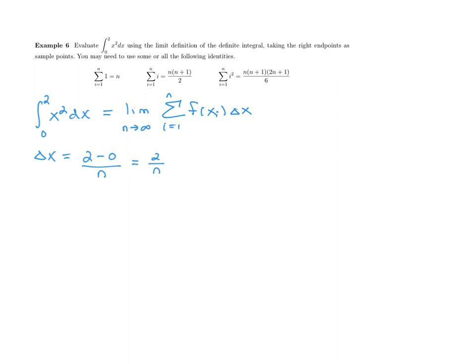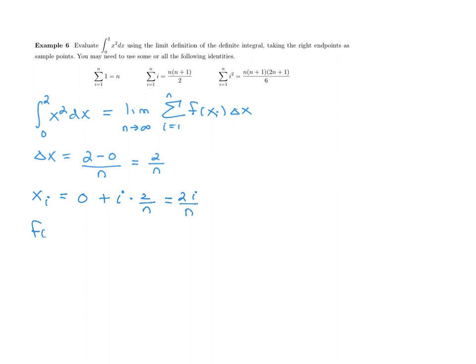You also need to know what is x sub I. We can find x sub I by starting at 0 and counting by delta x. So our formula was x sub I is equal to our starting point, which is 0 in this example, and you count I times by the length of the base of each rectangle, which is this. I'm going to simplify this to 2I over n.